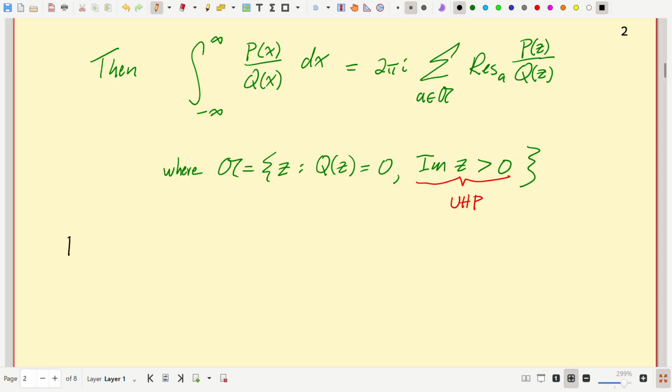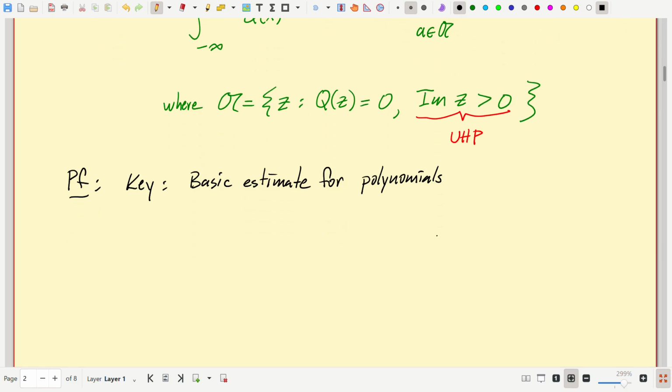So proof, the key is the basic estimate for polynomials, which you remember from the fundamental theorem of algebra. I told you we'd be using that thing again later when we do residue integrals. So let's see.